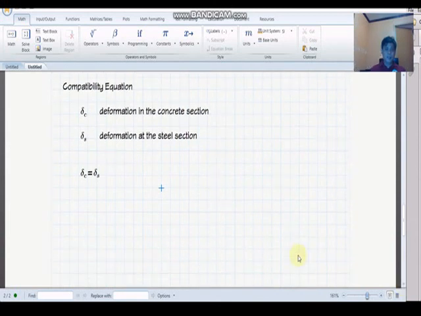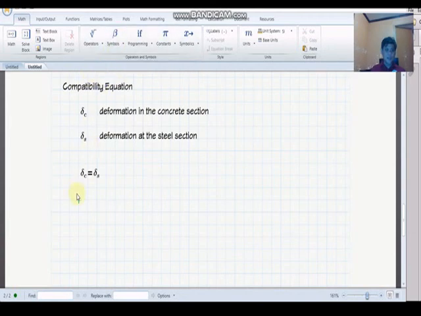Let's look at the diagram. The equations from the equilibrium will also express the deformations in terms of the stress.